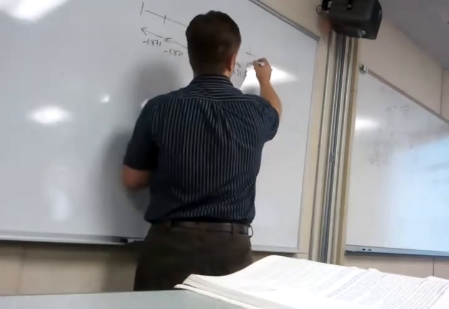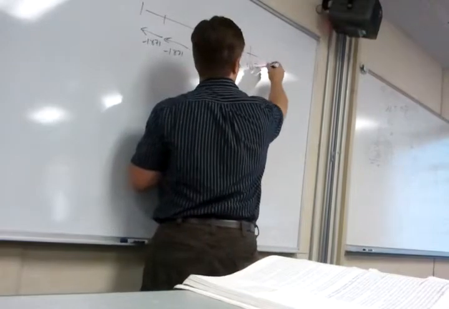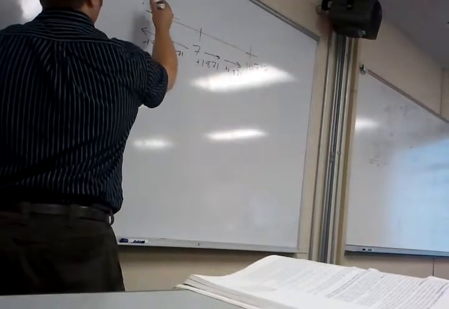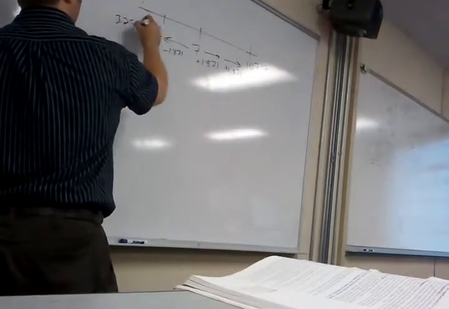So what do you get here? Like 10.742. And down here you get 3.258.